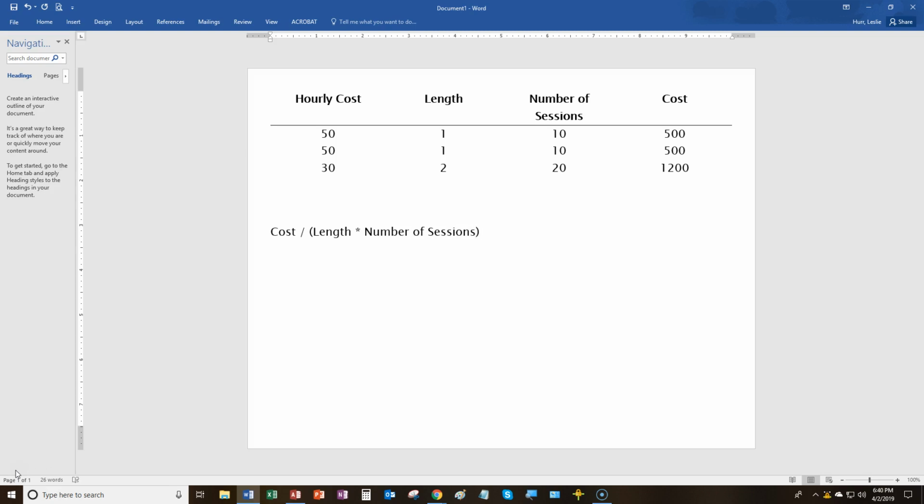So that would be what the hourly cost is, right? So you would assign this calculation to this value. All right, hope that helps.